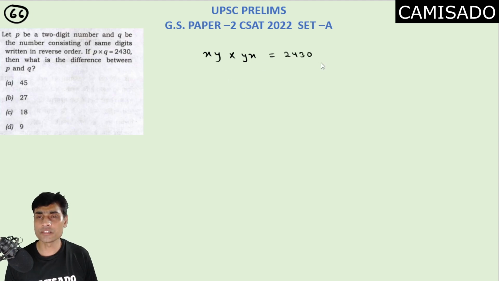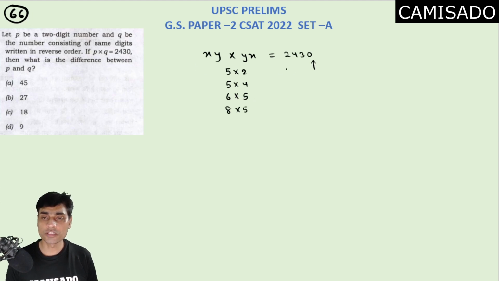Now we all know that 0 is coming at the unit place. It is only possible when we multiply certain things like 5 into 2, 5 into 4, 6 into 5, and 8 into 5. So these are the ways in which you will get 0 as the digit at the unit place.